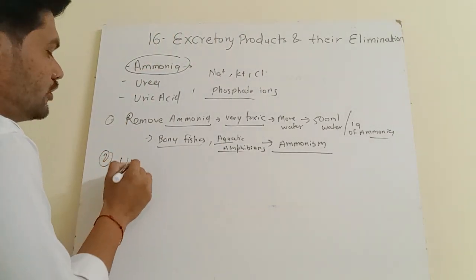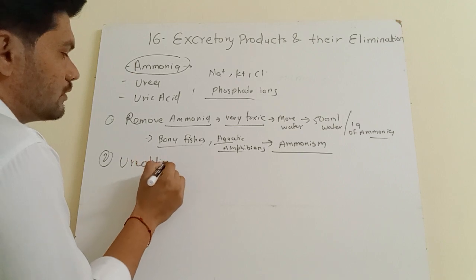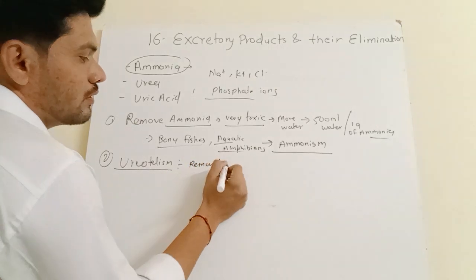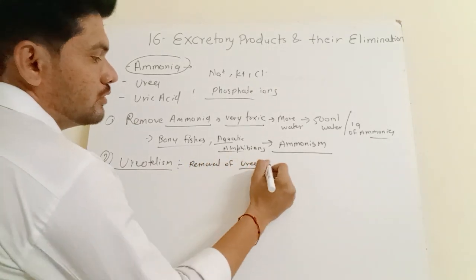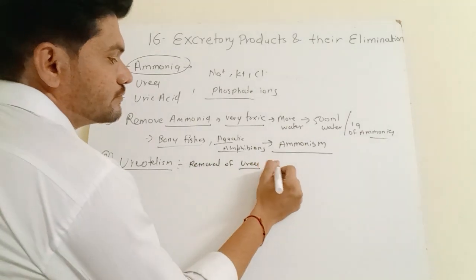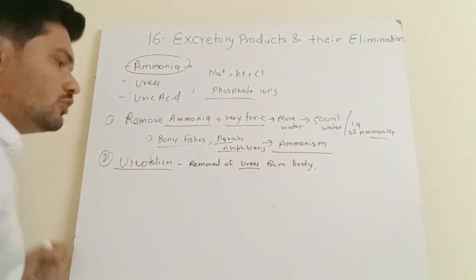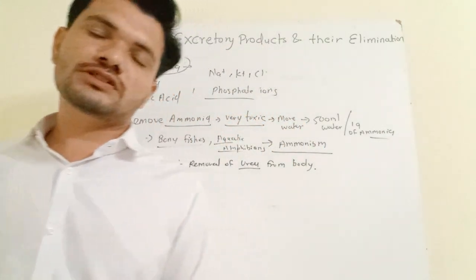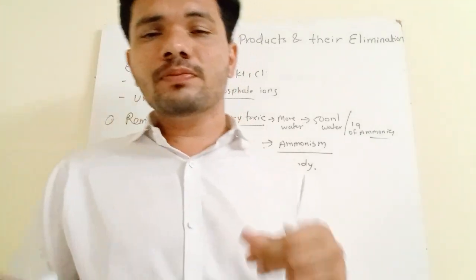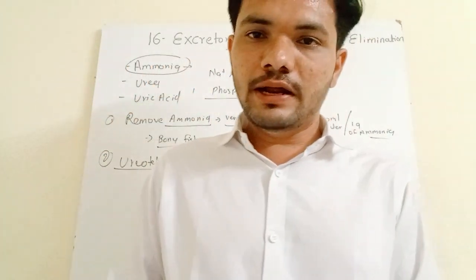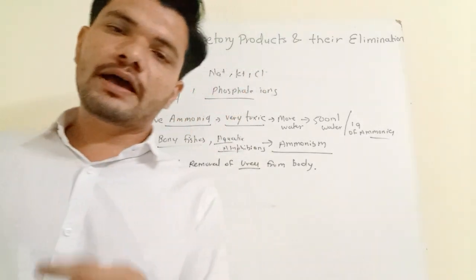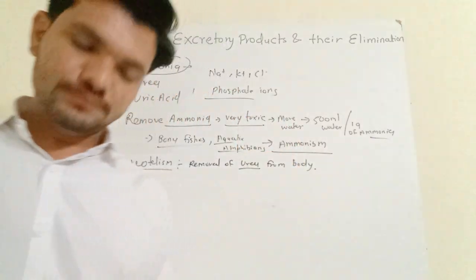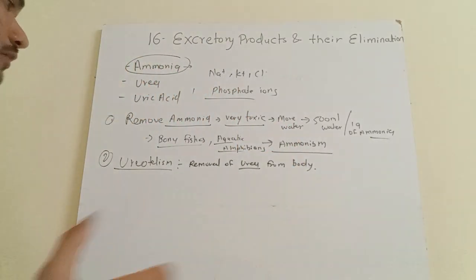Then the second type is ureotelism. Ureotelism is the removal of urea from the body. First of all, ammonia is converted to urea in the liver of such animals, and then that urea is transferred to the blood, and then the blood is filtered by the kidneys, and that nitrogenous waste is eliminated with the help of the kidney.